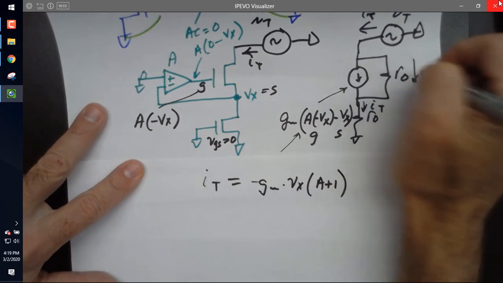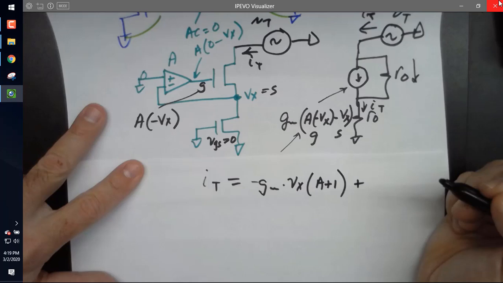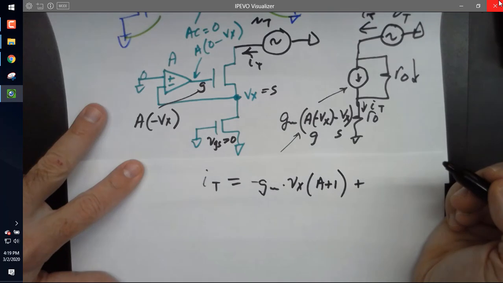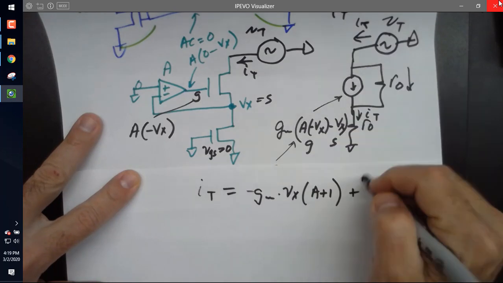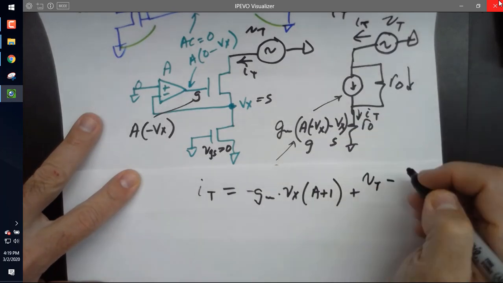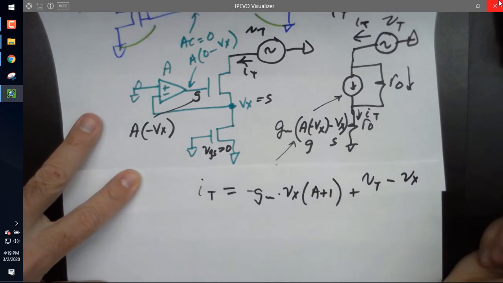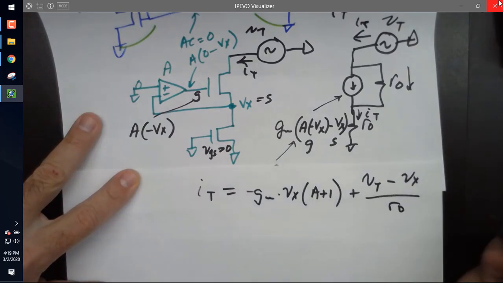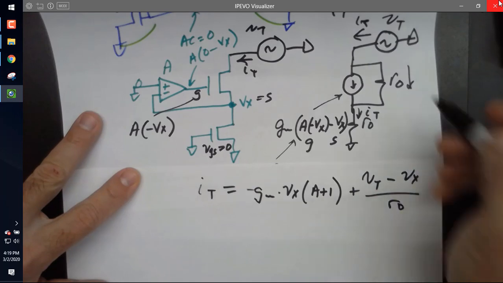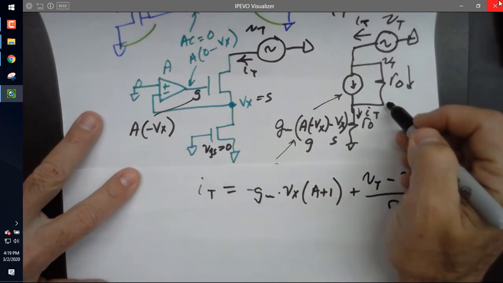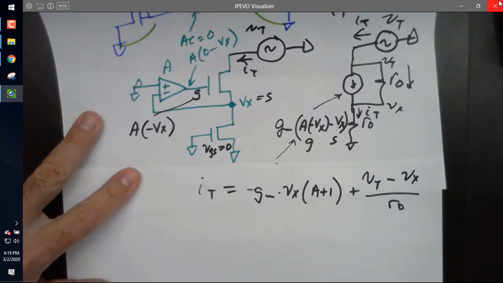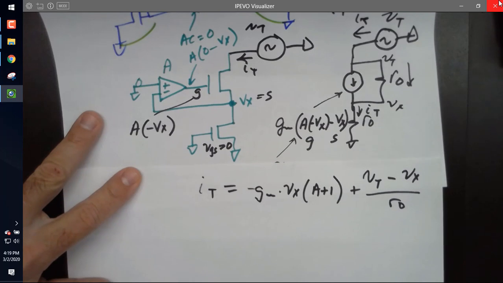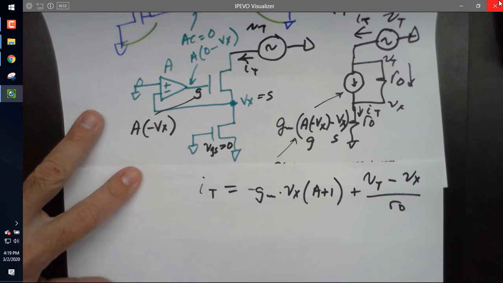And then going through here is V test minus Vx all over RO. This is Vt, this is Vx, so Vt minus Vx over RO. Anybody agree with that? Lucas, you agree with that? All right.